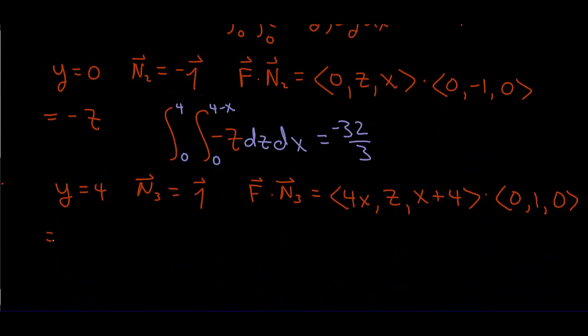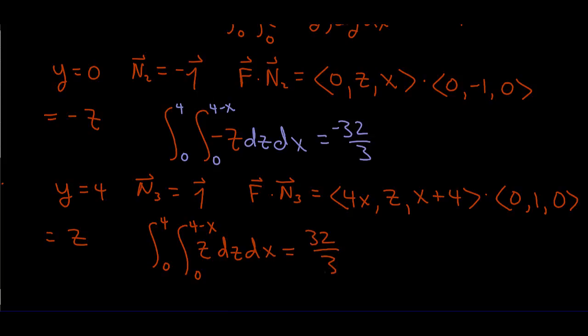Now, if we find this dot product, we get only z. So then we can set up our integral again. We've got z, and z is going to go from 0 to 4 minus x, and x is going to go from 0 to 4. So I'll do dz dx. If you work it out, this is going to be 32/3.